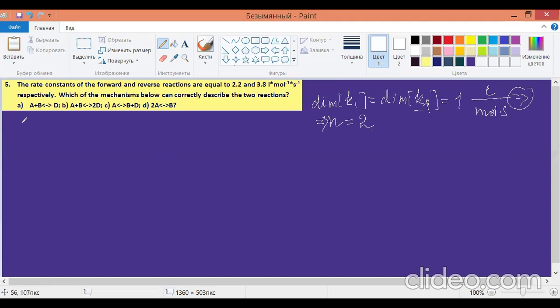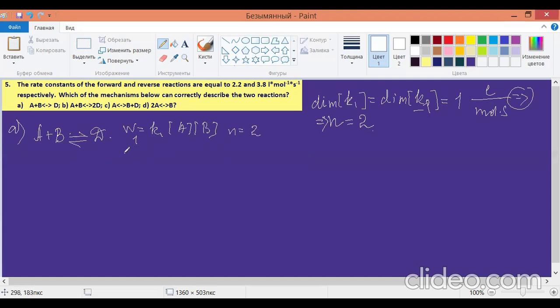Let's take a look at option A. A plus B in dynamic equilibrium transforms into D. For A plus B, we can write that the rate of the forward reaction is k1 times A times B, right? And we can see that the order for this reaction is 2.